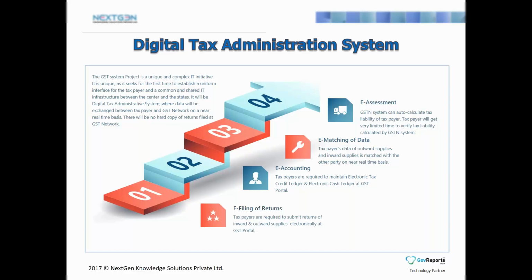Then there will be e-matching of data. Government will have various tools like data mining and other tools for matching of data between supplier and the buyer. When there is a matching of data between supplier and the buyer, the assessment will also be made automatically by the system, and this is the point where digital disruption comes into play.